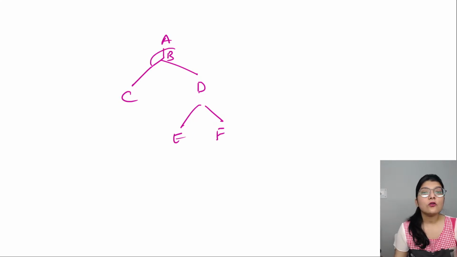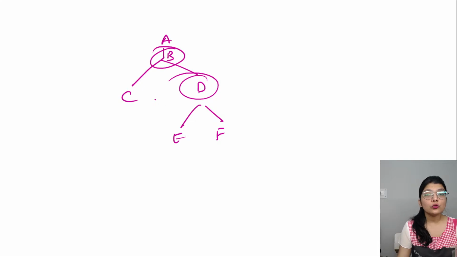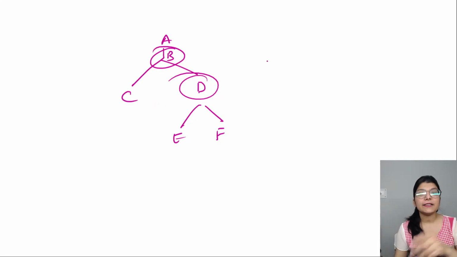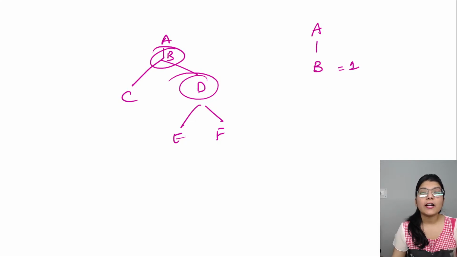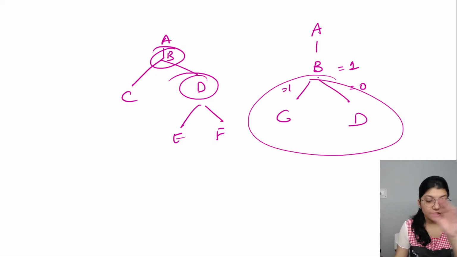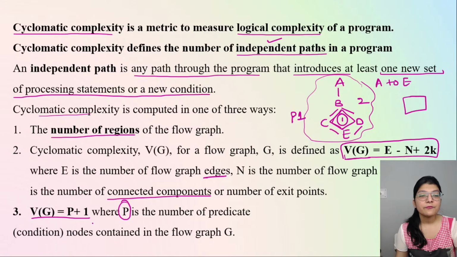Condition nodes are those nodes which have more than one child. That is, the if and else kind of condition: A to B, if B is equal to 1 then C, and if B is equal to 0 then D. So whenever I have a condition on any node, that node becomes your predicate, decision or condition node. So there are 3 names for this: predicate, or you can say decision as well.